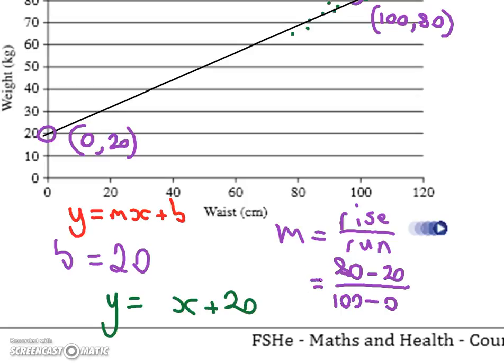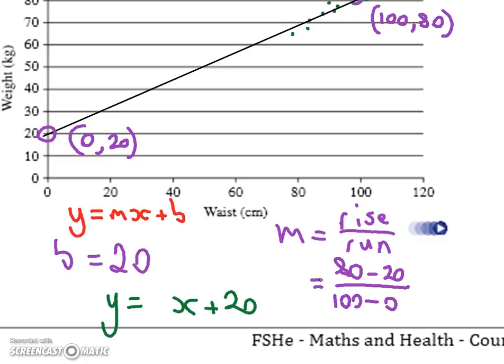I've gone from 20 up to 80, and I've gone from 0 over to 100. If you use this one first, you're going to end up with a negative number, but you'll end up with a negative as long as you use both of those first.